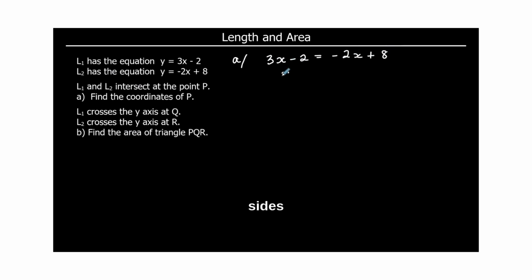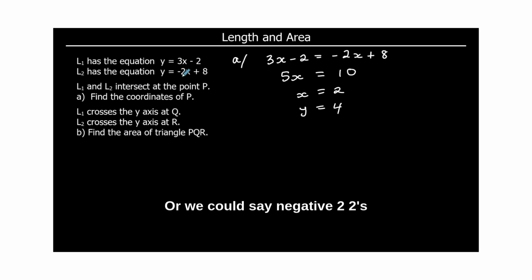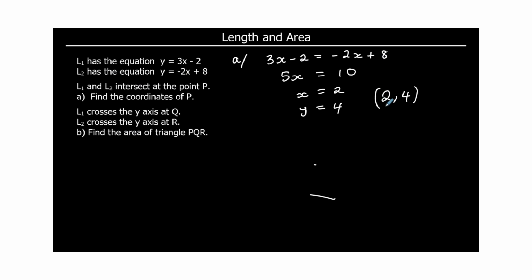Plus 2x to both sides, plus 2 to both sides, and divide by 5. So x is 2. When x is 2, 3 2s are 6, take away 2 is 4. Or we could say negative 2 2s is negative 4 plus 8 is 4. The intersection is at (2, 4).